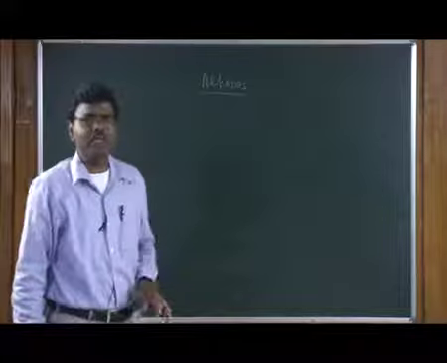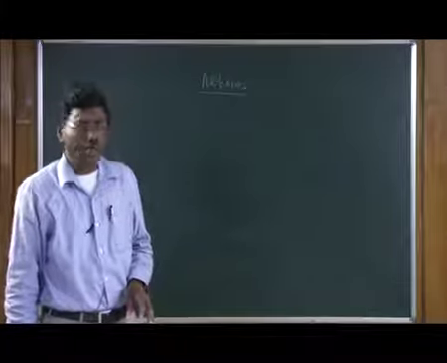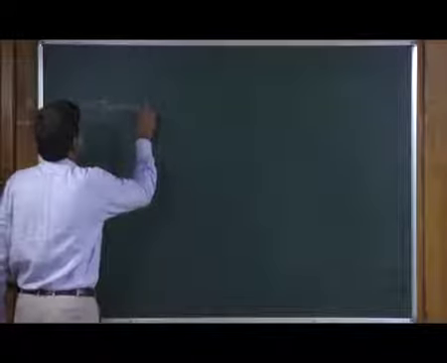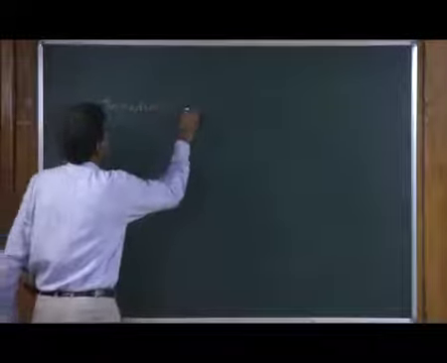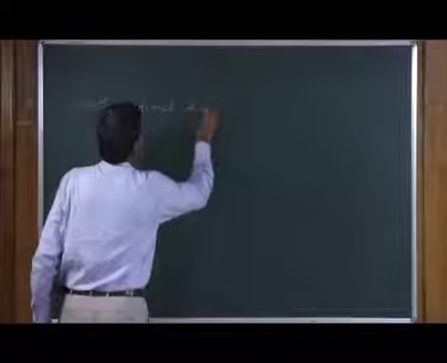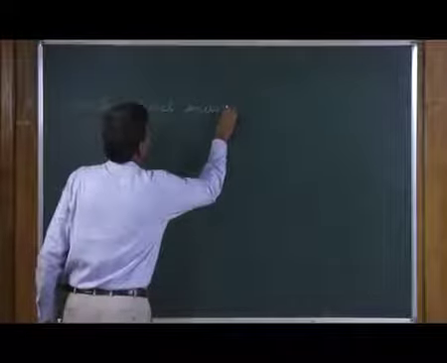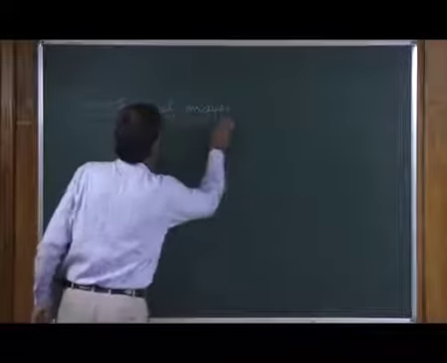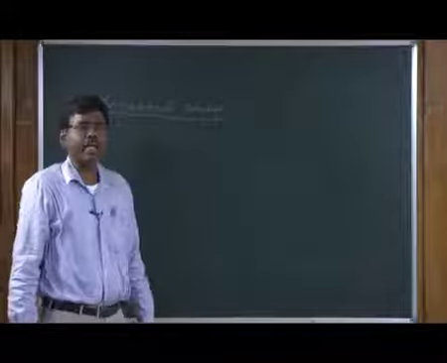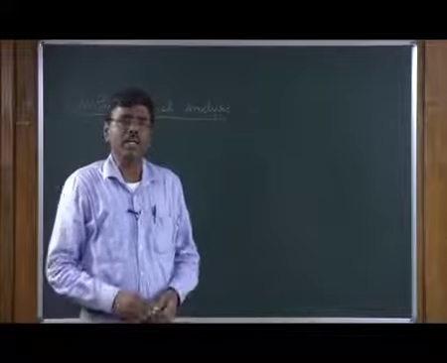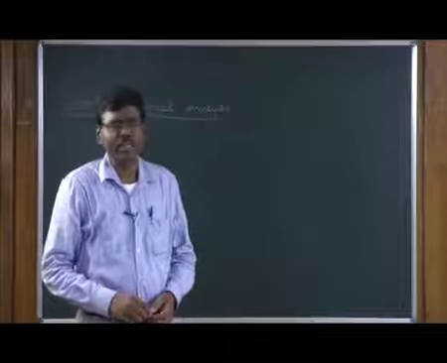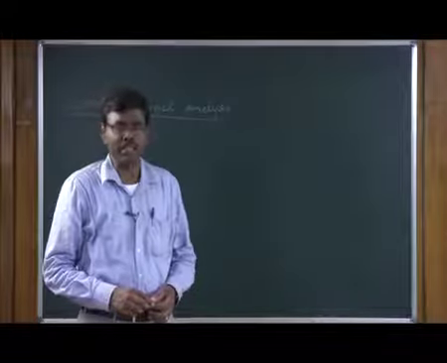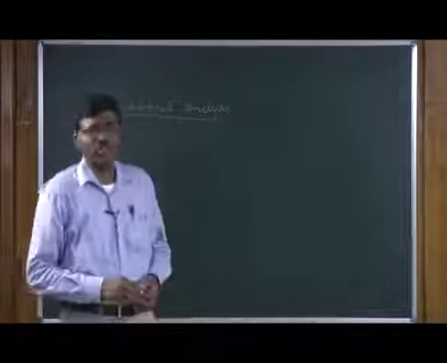Now, let us see the conformational analysis of alkanes. In alkanes, the carbon-carbon single bond can undergo rotation that can give a different spatial arrangement of atoms in space, that is called conformational isomers.